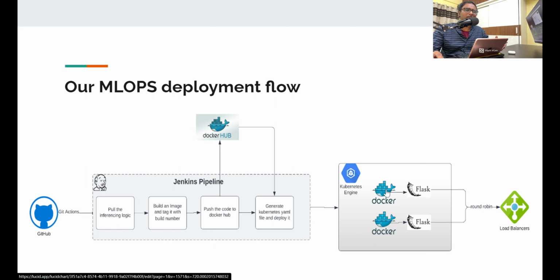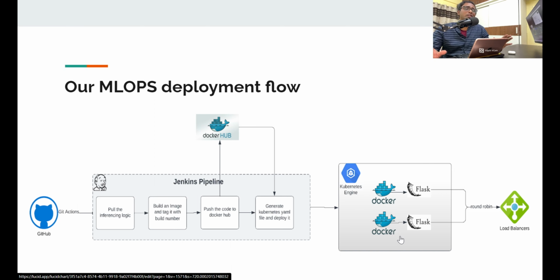In our case, we are deploying two containers. In case there is a sudden spike in requests, the Kubernetes engine will identify it and spin up one more container. And in case something goes wrong with a container and it is down, your Kubernetes engine is smart enough to spin up another container automatically.